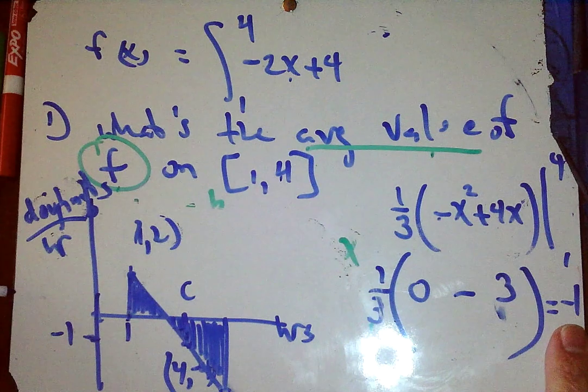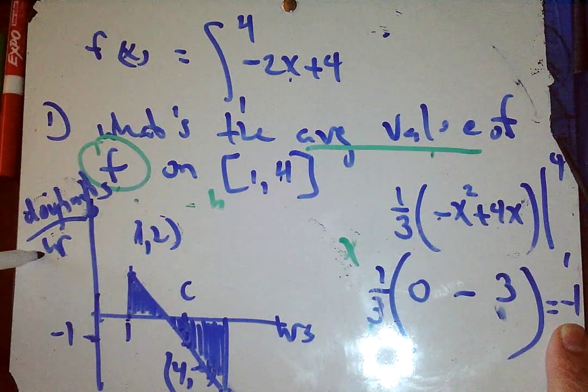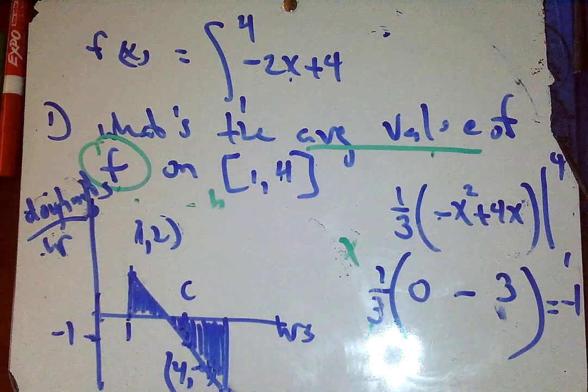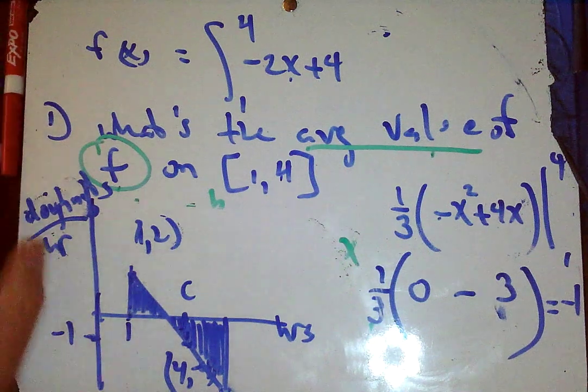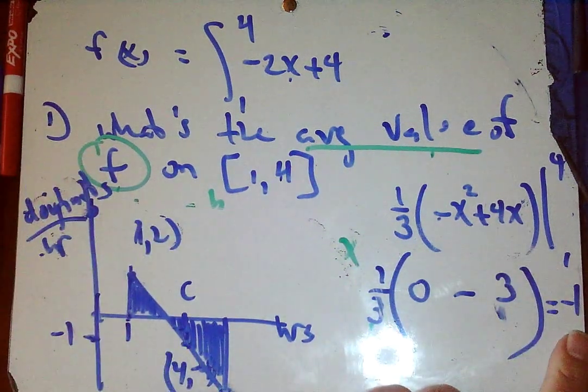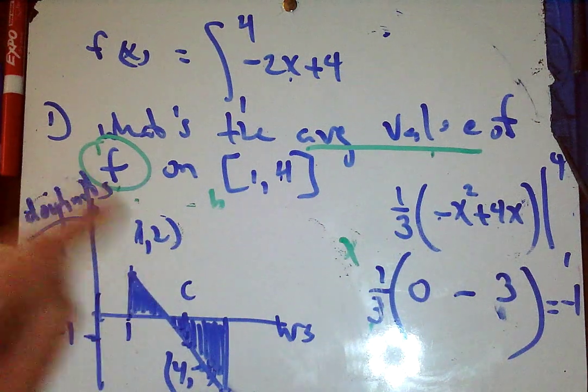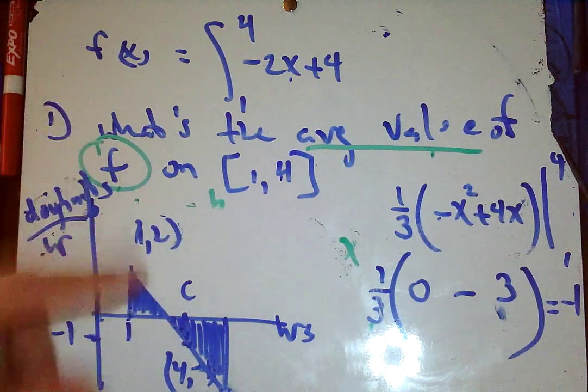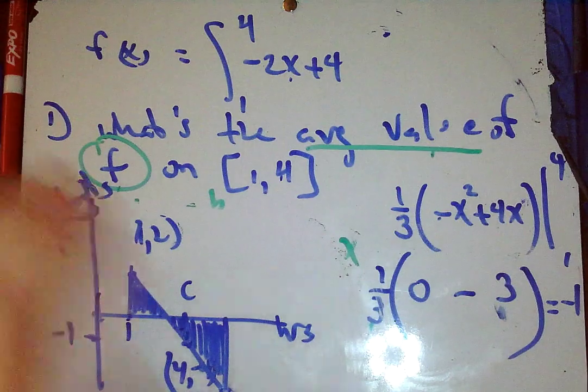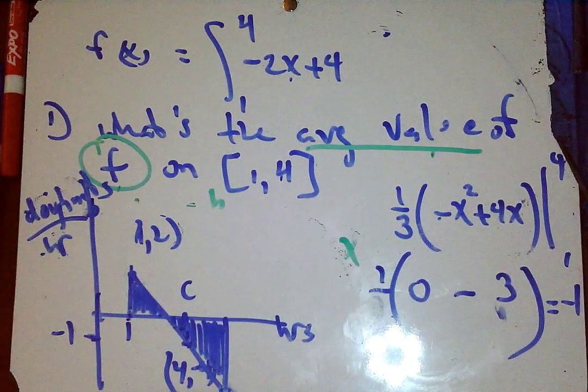And so what I see here is the average value in donuts per hour is negative 1. And my guess is you're throwing up a lot of donuts right now. Okay, so there's my average value. My average value is negative 1. I'm simply following the formula 1 over b minus a times the integral from a to b of f of x dx. That's average value.